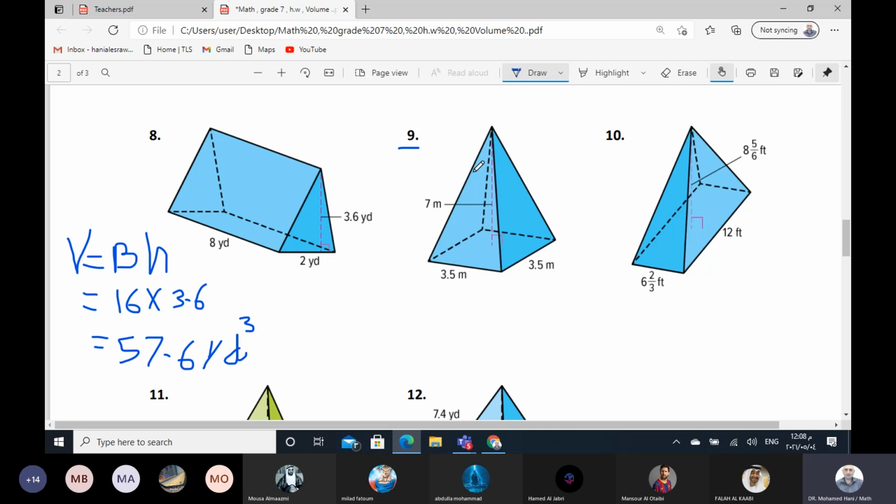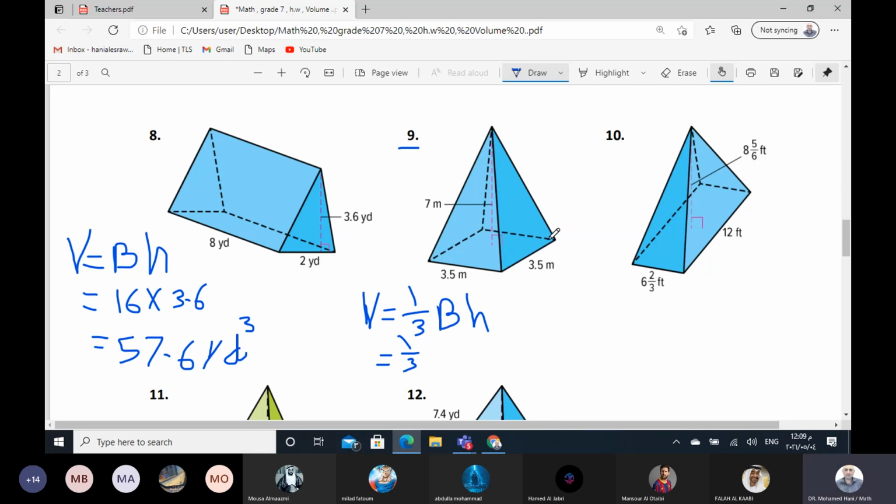Number 9, pyramid. We use the formula V equals 1 over 3 multiplied by the area of the base multiplied by the height of the pyramid. 1 over 3 multiplied by the base.